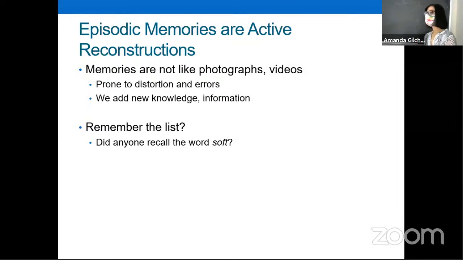So one of the things that we find, how often do you actually see yourself in a third person perspective? Unless you are walking with a hand mirror by you all the time, you're always viewing your life from a first person perspective. So if you viewed yourself from a third person perspective, guess what? You've already distorted the memory. You've already reconstructed it.